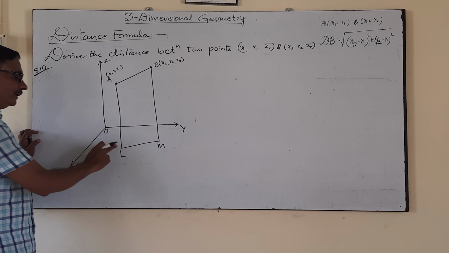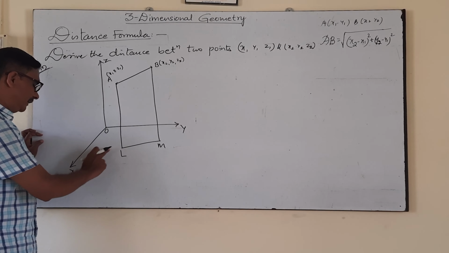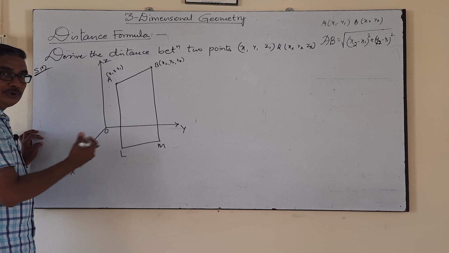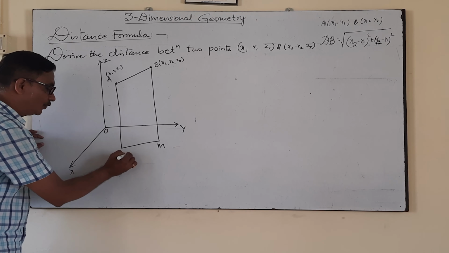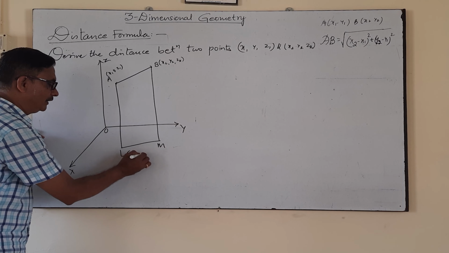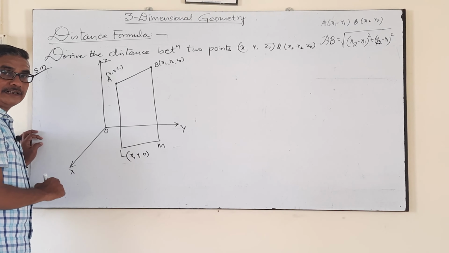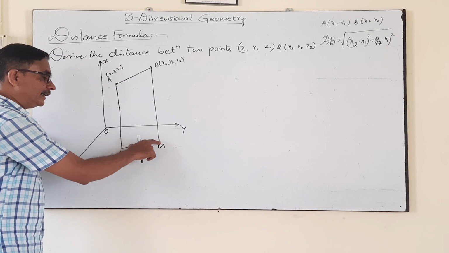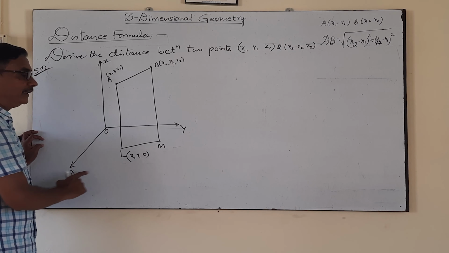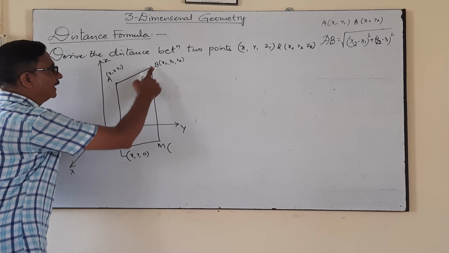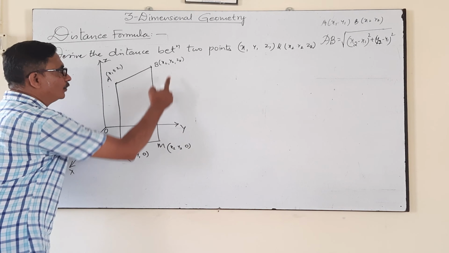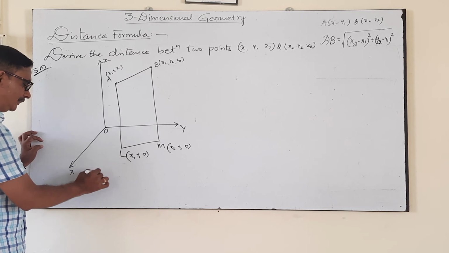Now, L is a point lying on which plane? Only the XY plane, no Z-axis value. So the coordinates of L are (x1, y1, 0), that is, the Z coordinate is 0. Similarly, M lies on the same XY plane, no Z-axis value, so the coordinates of M are (x2, y2, 0).